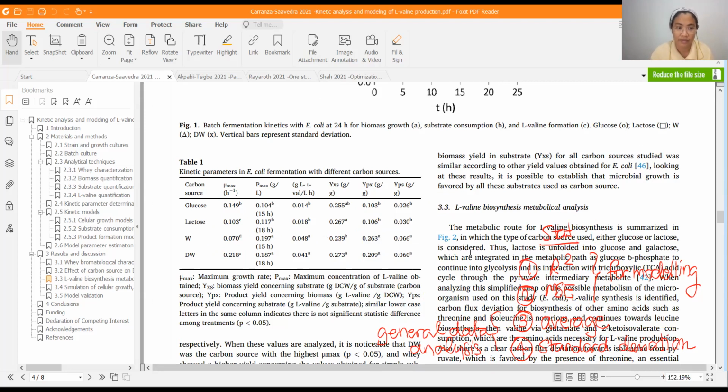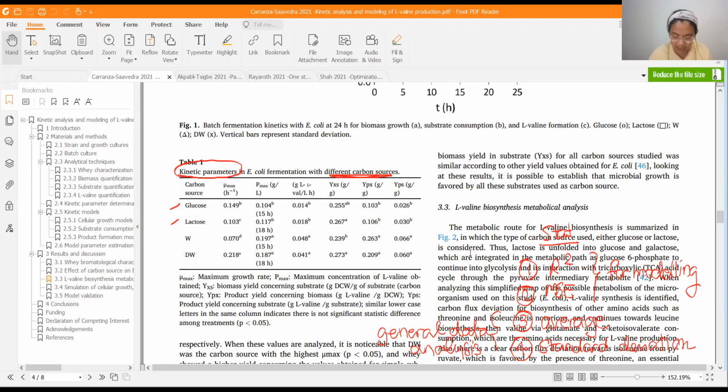So they are doing modeling, and they get the kinetic parameters already. They get kinetic parameters using different carbon sources, and the carbon sources are glucose and lactose.